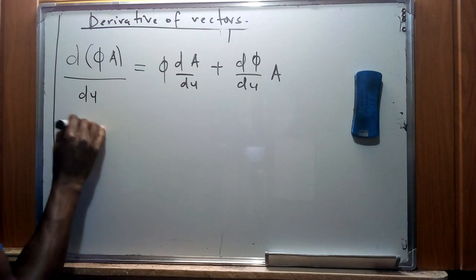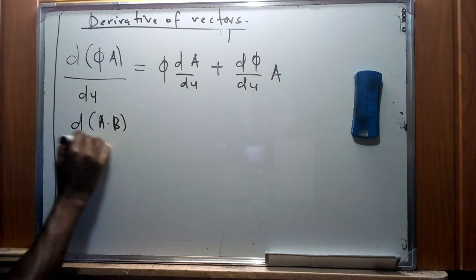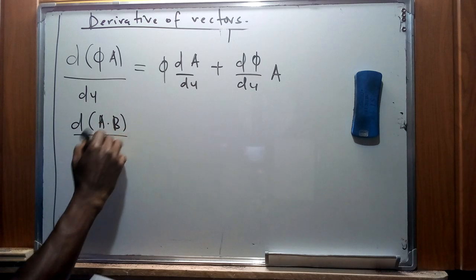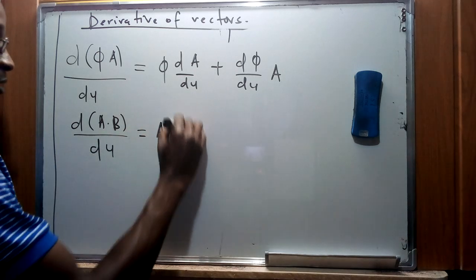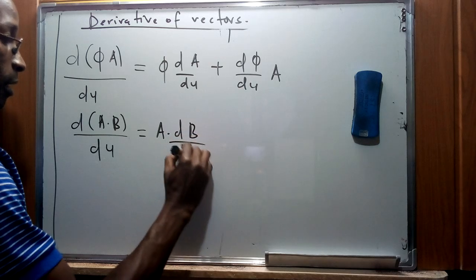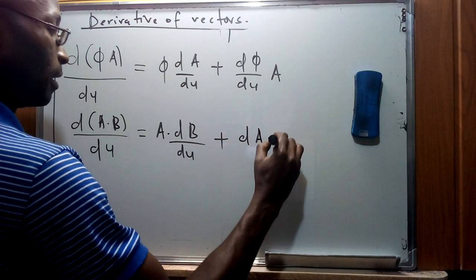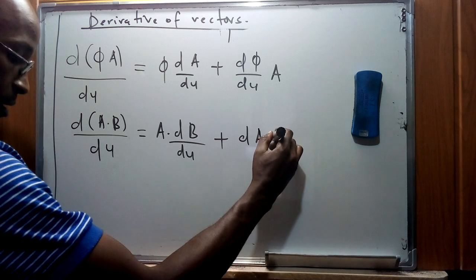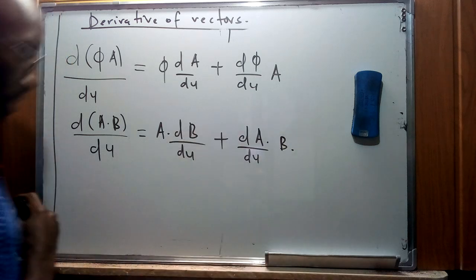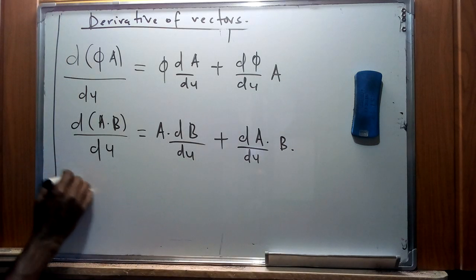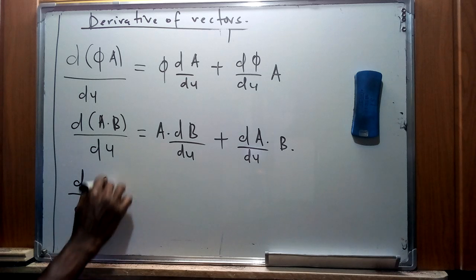Now suppose we have a derivative of the dot product a dot b with respect to u, then this is going to be represented as a dot db over du plus dA over du dot b. And then lastly we have the derivative of a cross product with respect to u.